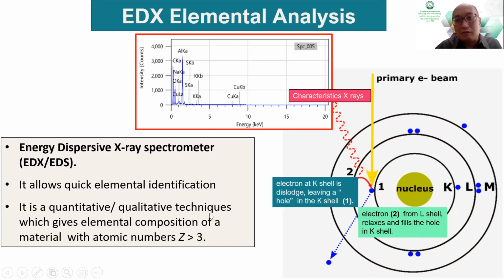So how does it work? The primary beam, as I said before for electron-matter interaction, when an electron hits an electron in the K shell, it is dislodged, and then another electron from another shell, L, occupies this vacant hole.